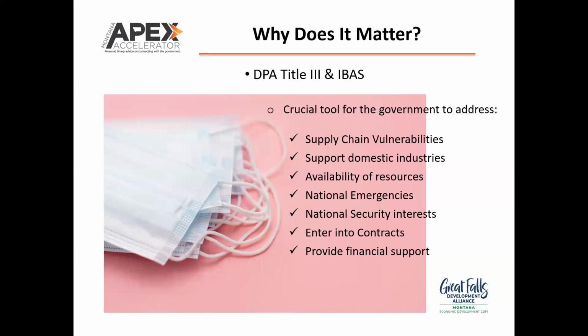It enables the government to enter into contracts and provide financial support to strengthen the supply chain and industrial base. This is vital for the security and resilience of the country.